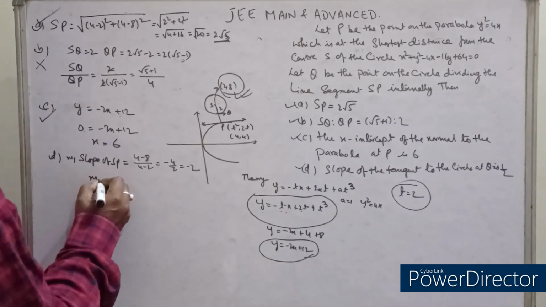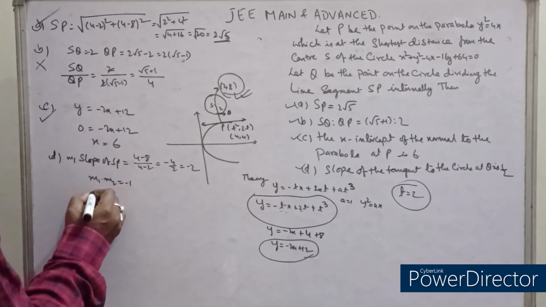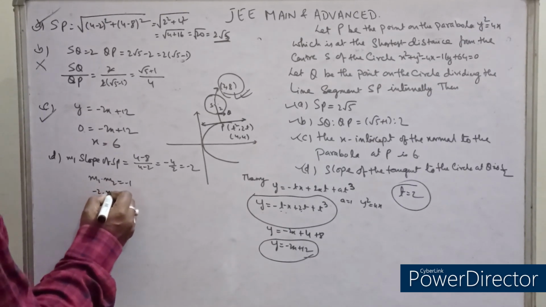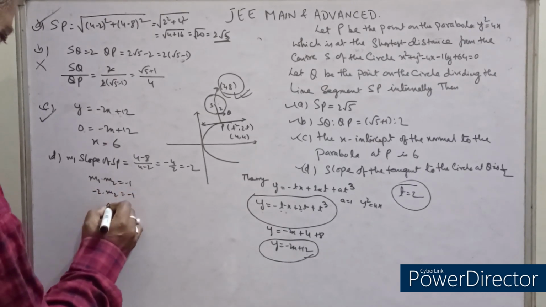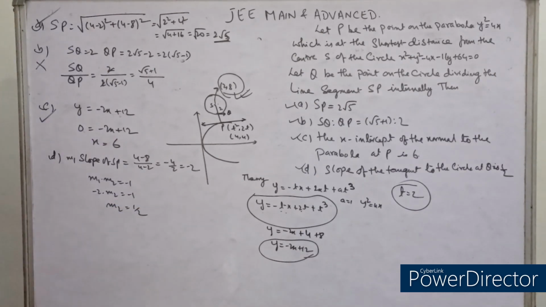So m1 into m2 is equal to minus 1. So minus 2 into m2 is equal to minus 1. So m2 is equal to 1 by 2. So the slope of your tangent is 1 by 2. So this option is also correct. Now this is the solution of this question.